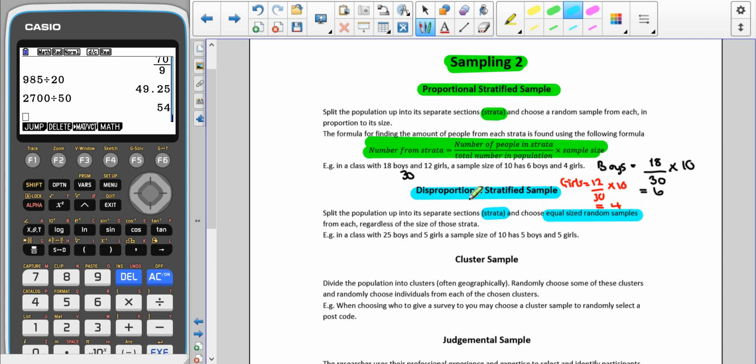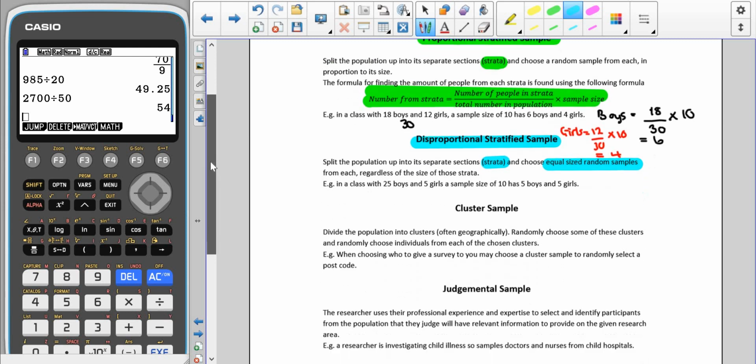So usually it's a good idea to split your strata in a way that you feel is going to influence the results, and then you can get a proportional view if it's a proportional stratified sample, or a view from each group if it's a disproportional stratified sample.